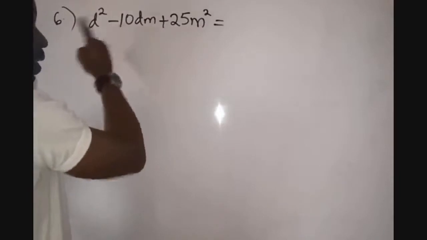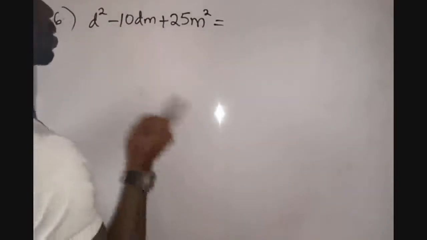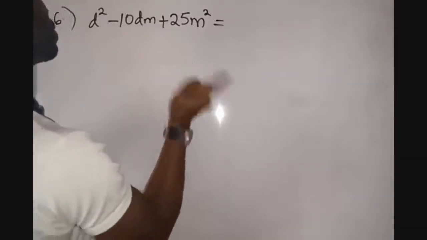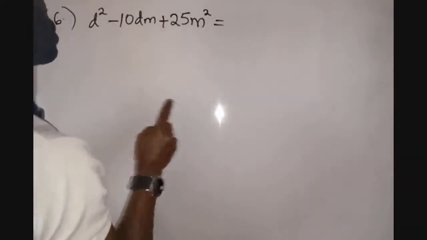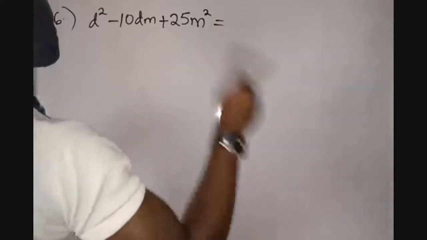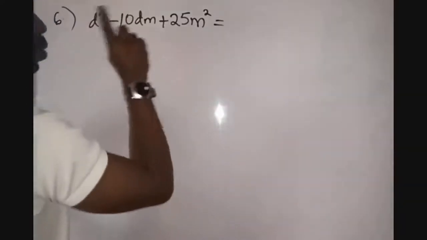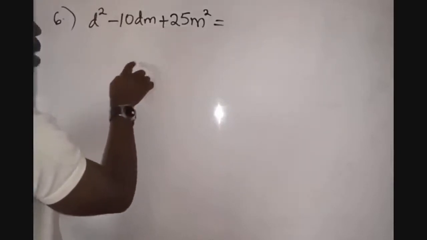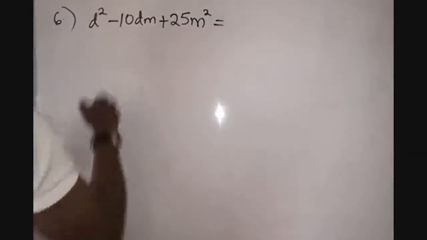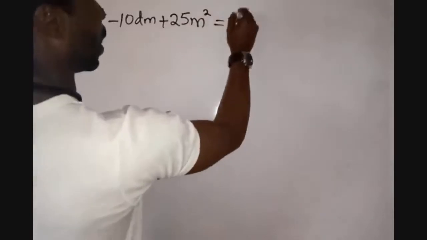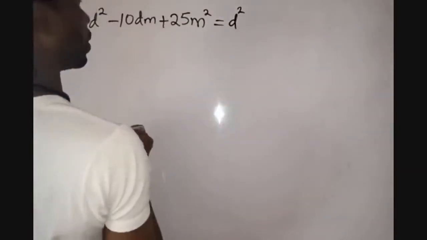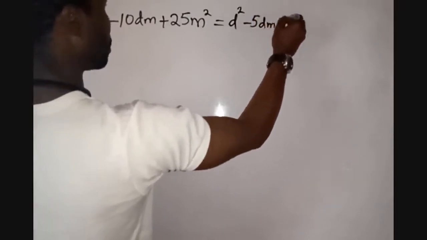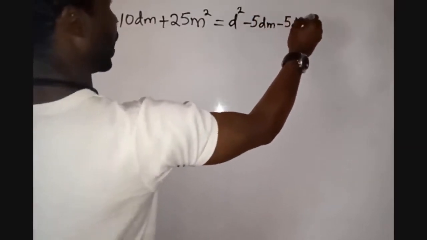That won't fit in. I can also say minus 5 times minus 5 to still get plus 25, and when I add up minus 5 plus minus 5, I'm going to have minus 10. So at the center here, I'm going to have minus 5dm minus 5dm to be able to get this. So I could just move straight. I have d squared minus 5dm minus 5dm.